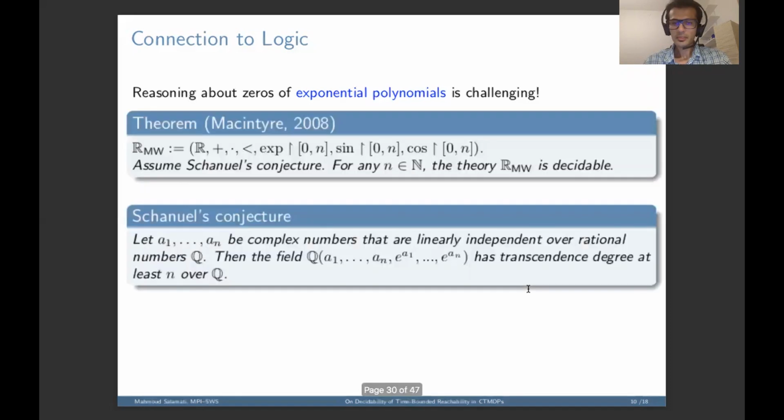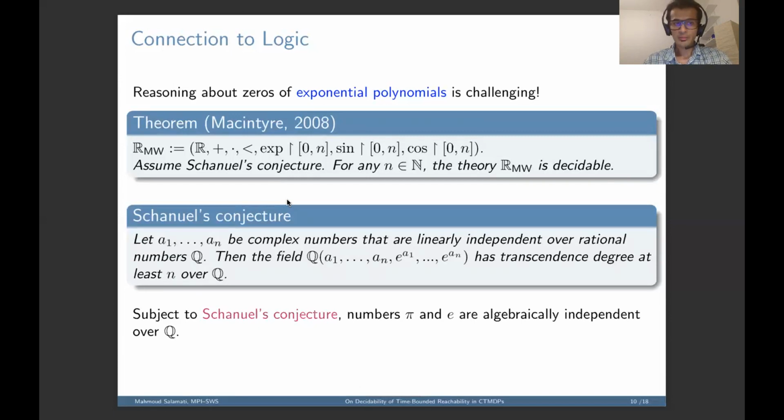However, there exists a theorem that assumes Schanuel's conjecture and proves decidability of the theory of reals when it is augmented with exponential, sine, and cosine functions over finite intervals. This Schanuel's conjecture is a very important and unifying conjecture in transcendental number theory that, if true, would make many results in transcendental number theory hold immediately.